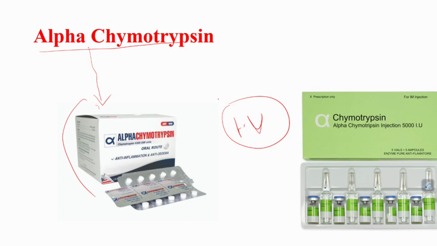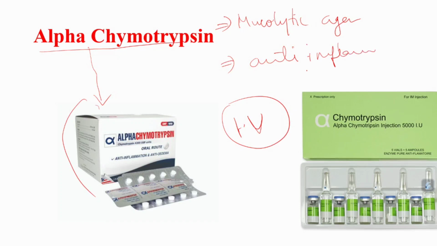It is used as a mucolytic agent because it has mucolytic action. It is used as an anti-inflammatory agent, and it is used in edema because it has anti-edematous actions.